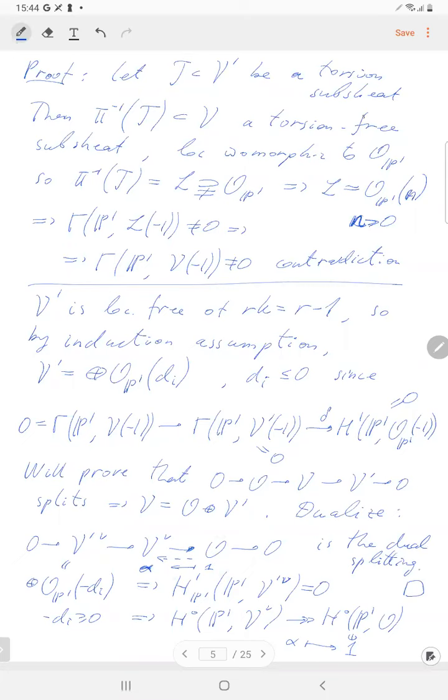Could you say, I missed some moment. Why is the first cohomology of this direct sum 0? This is just because all the summands are positive line bundles, and the positive line bundles do not have first cohomology. Right? It is important that they are on P1. Absolutely, yes.